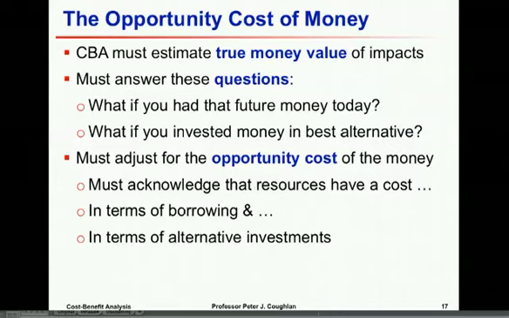Remember, opportunity cost is in all costs, we said, in all benefits really, should be measured in terms of opportunity cost, in terms of what is the next best alternative foregone, right? What's the value of what we could do with that money otherwise, right?